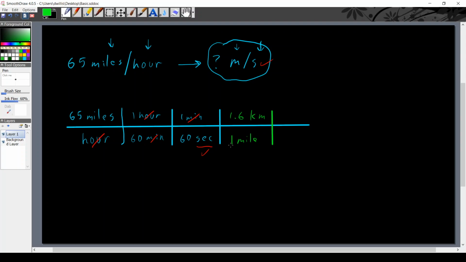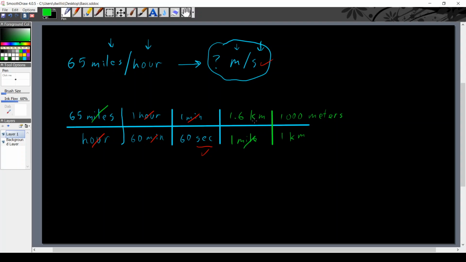Now it doesn't matter that our miles is all the way over here and all the way over here, they are still on opposite sides of the fraction dividing line, and so they will still divide away. So 1.6 kilometers, and then I need to get that into meters. So 1 kilometer is equivalent to 1,000 meters.